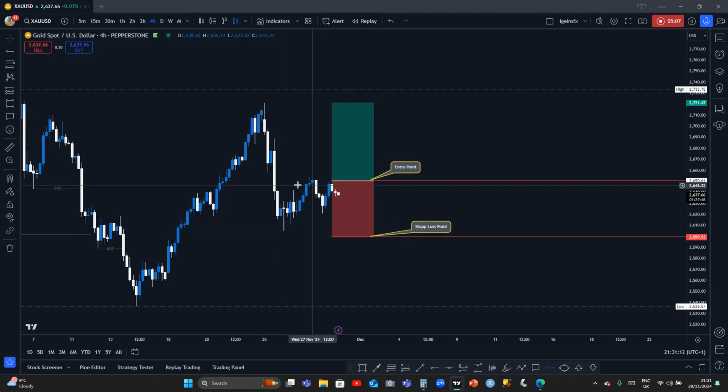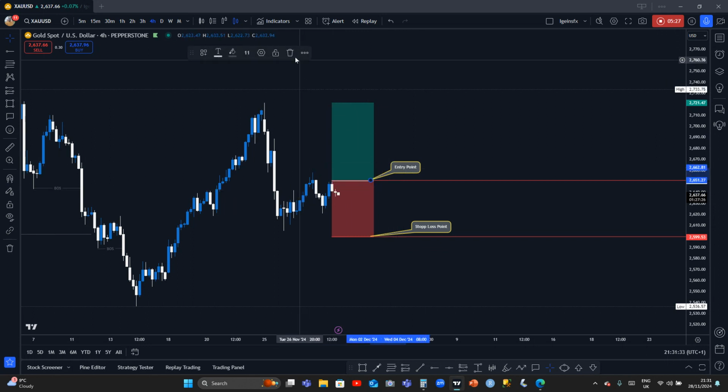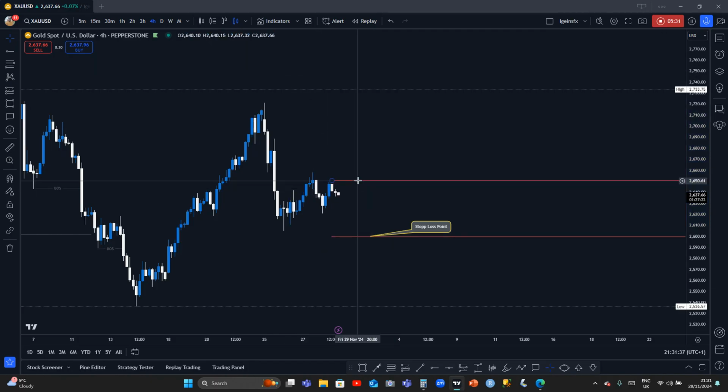This is the structure here, the last low. So your stop loss must be a little below it. You give it a little room to breathe. So that is what determines your lot size. I hope that is very, very clear.